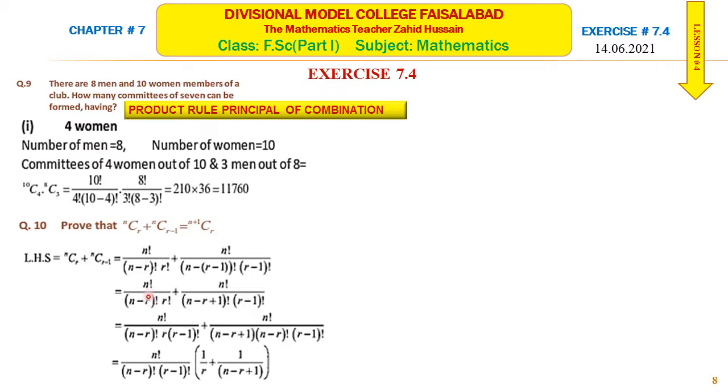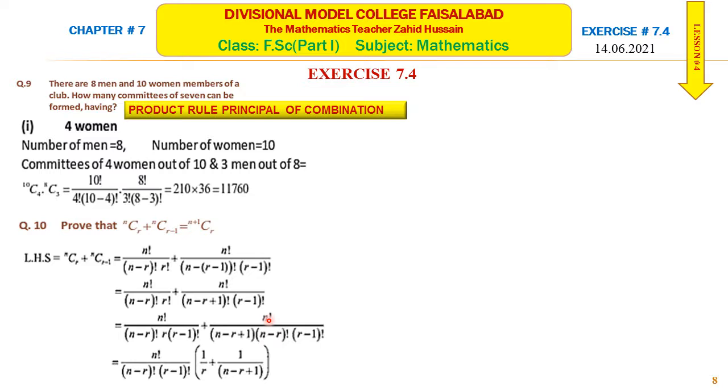So this is n factorial, (n minus r) factorial, expand this r factorial, r into (r minus 1) factorial, because this second fraction has (r minus 1) factorial in the denominator, plus n factorial, (n minus r plus 1) and (n minus r) factorial, because the first fraction has (n minus r) and (r minus 1) factorial.